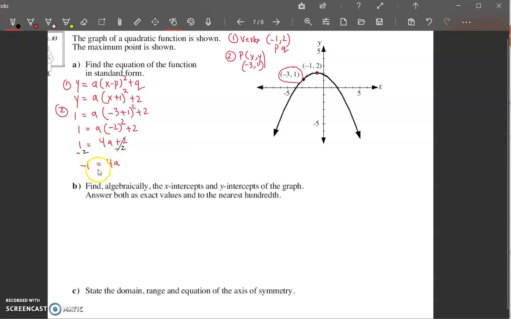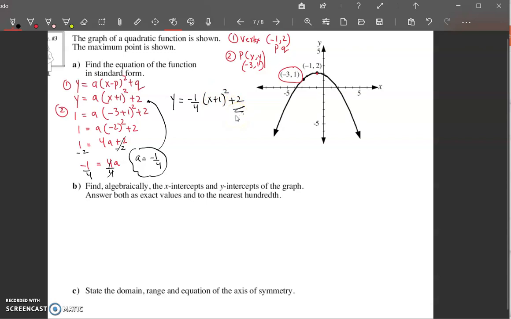And now get rid of the 4 by dividing both sides by 4. So a comes out to be negative 1/4. We're going to use this a back in our partial equation and fill it in. So it'll be y is equal to negative 1/4 (x plus 1) squared plus 2. So that's my final equation right here.